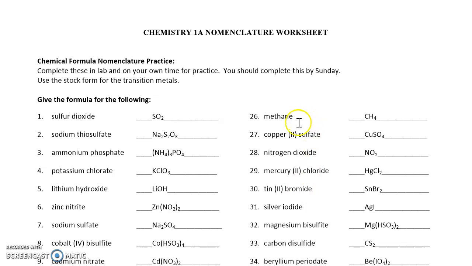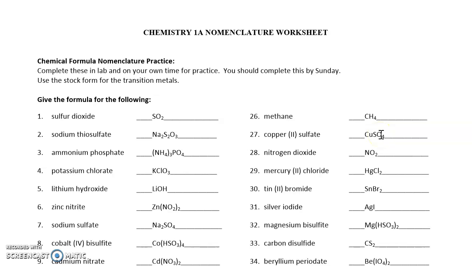So for example, number 27, I can immediately see a Roman numeral 2. This means that copper, although capable of forming more than one type of charge, in this compound has adopted the +2 charge. This makes sense, having a 1-to-1 definite proportion between copper and sulfate.